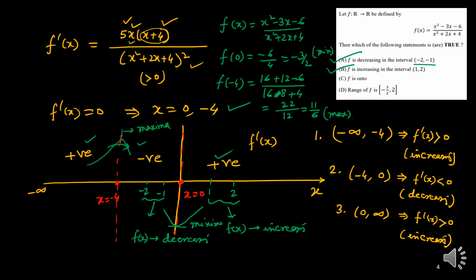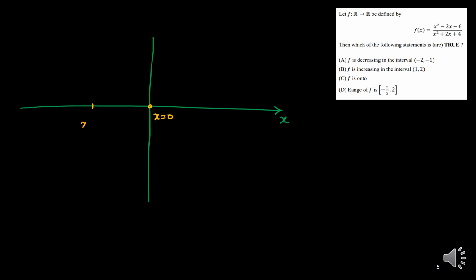Okay, now can I draw the function, the total function? Let me draw the whole function. So this is your x and this is the point x equals 0, and this is the point x equals minus 4.